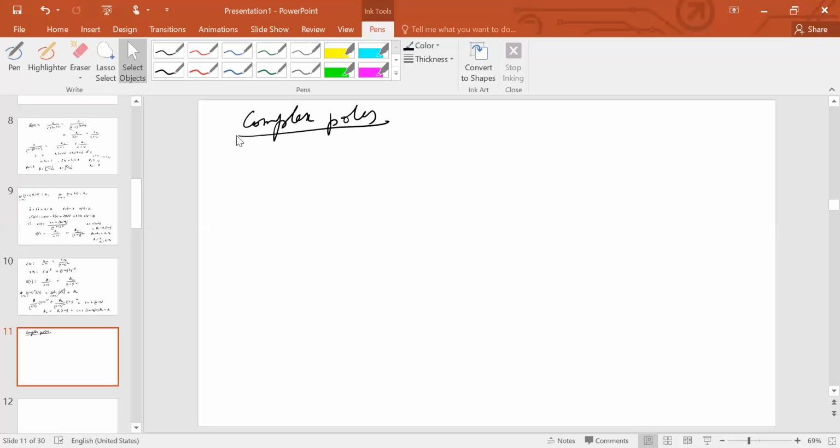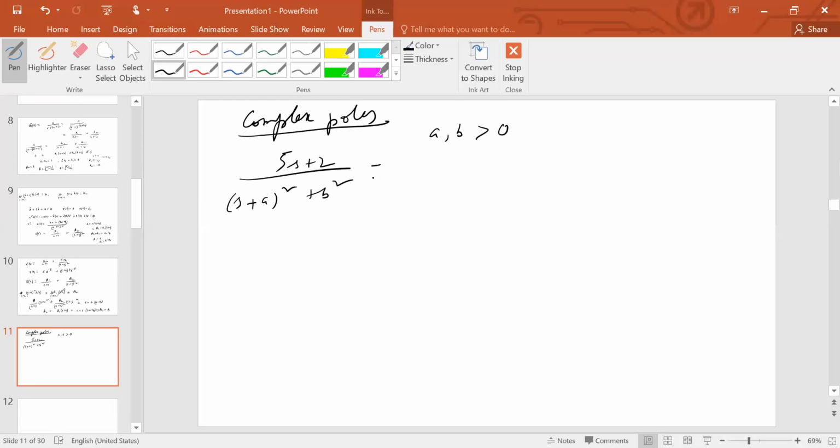Yeah. So for example, let's say you have something like this. You have 5s plus 2 upon s plus a whole squared plus b squared, where a and b are positive integers. Okay, could be anything. Let's say a and b are positive integers. I'm sorry, positive real numbers. Actually, any real number would do, but anyway.